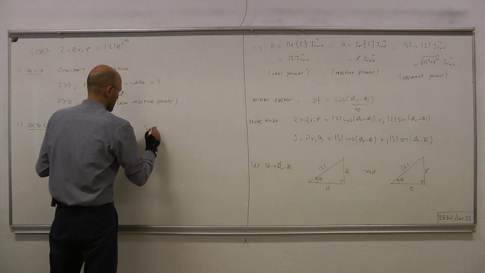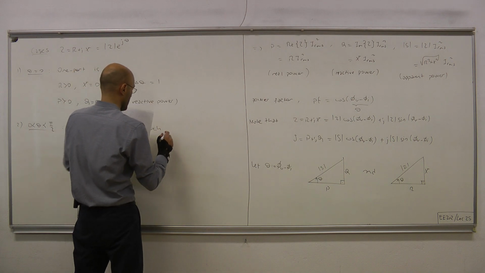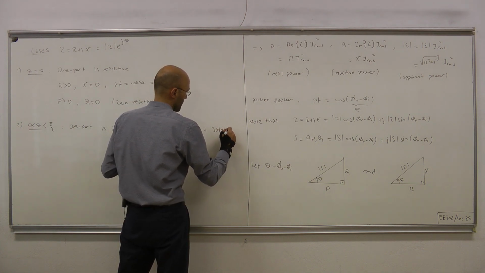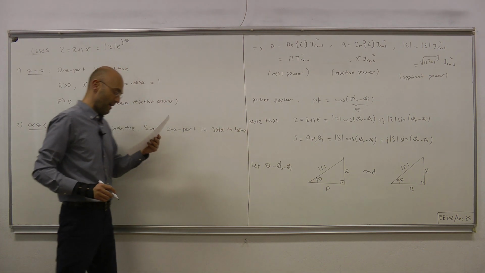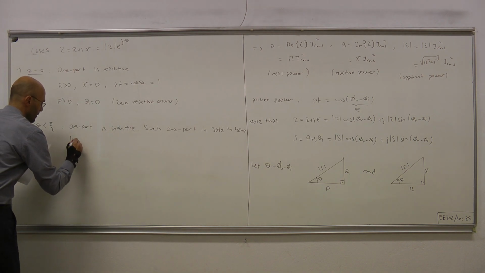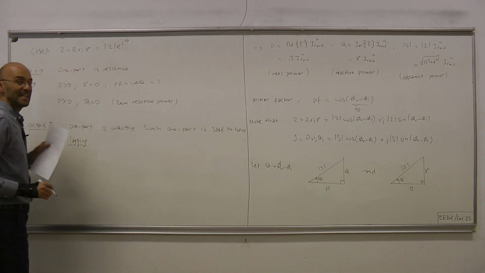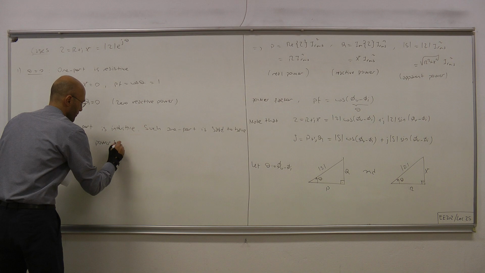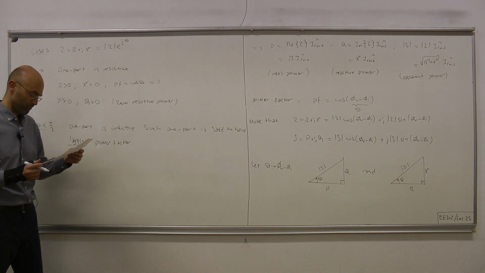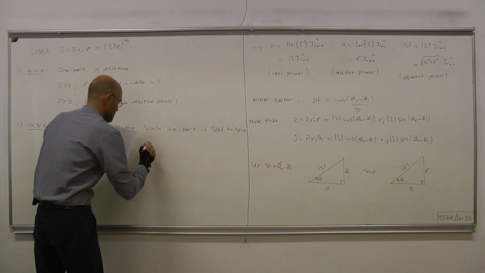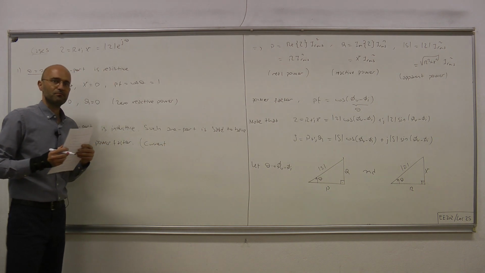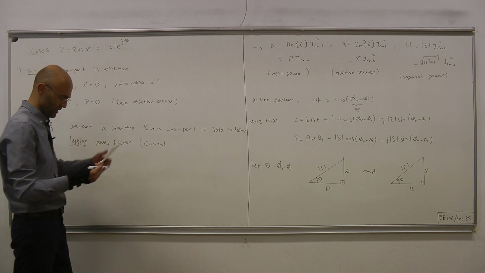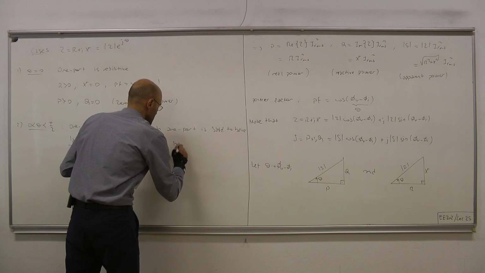Okay, and such one port is said to have lagging power factor. Okay. Why lagging? Because the current at the port terminal is lagging the voltage at the port terminal. Current lags voltage.